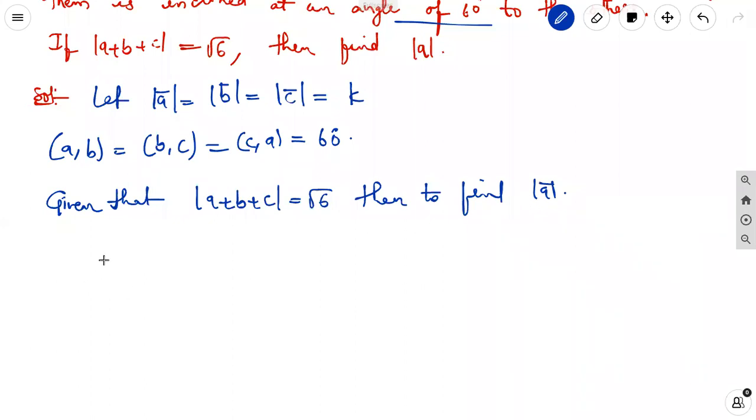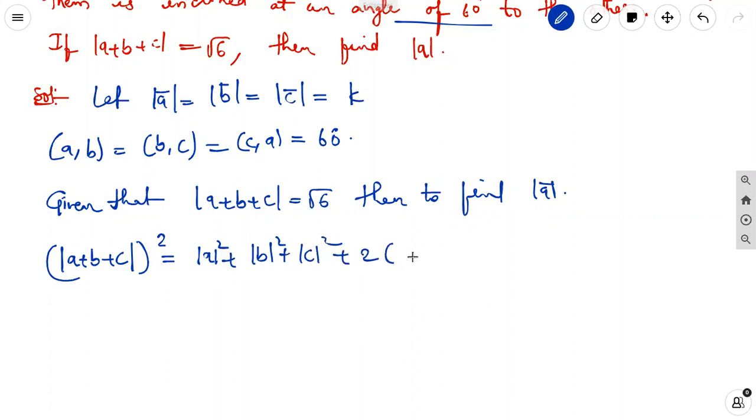For that, we can take the relation: modulus of A plus B plus C whole square is equal to mod A square plus mod B square plus mod C square plus 2 into A dot B plus B dot C plus C dot A.